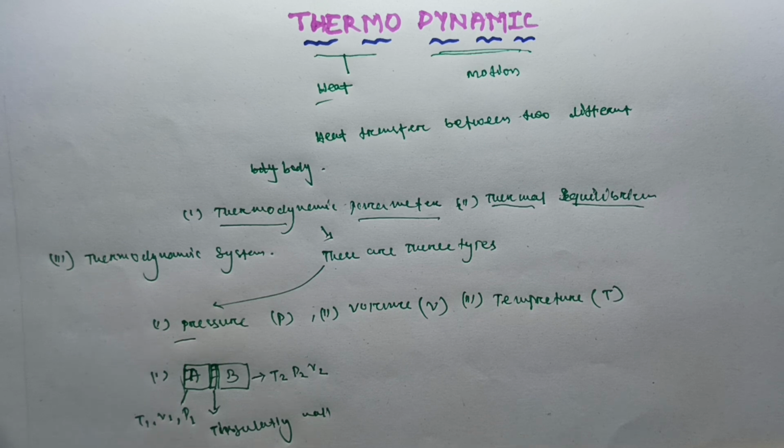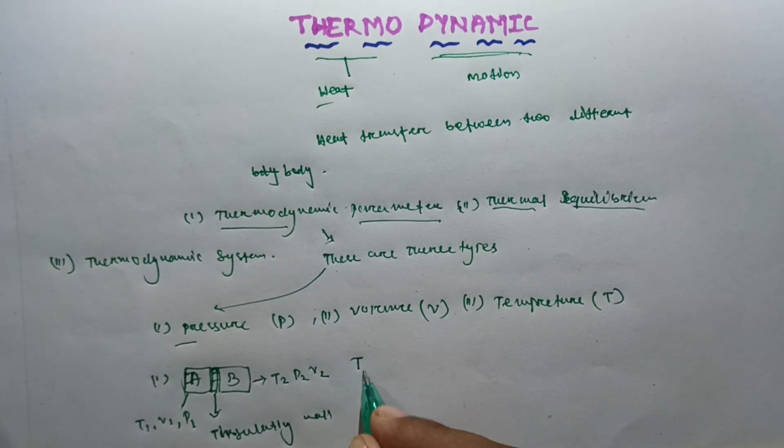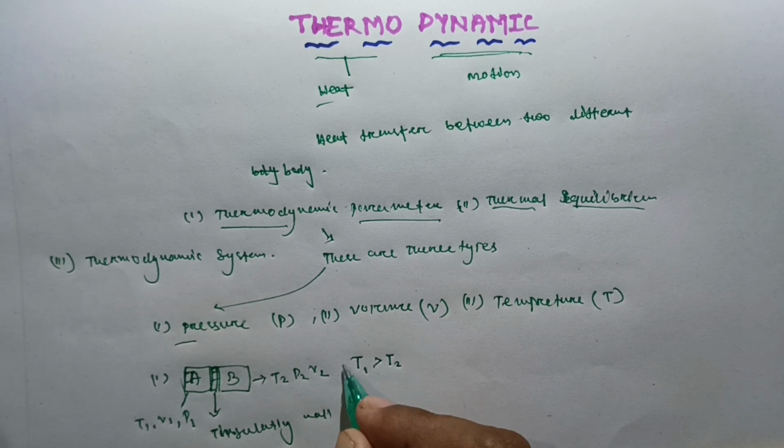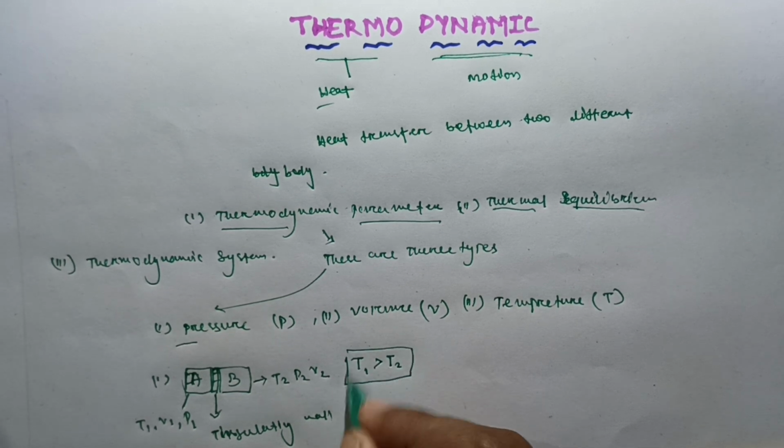If T1 is greater than T2, what will happen?